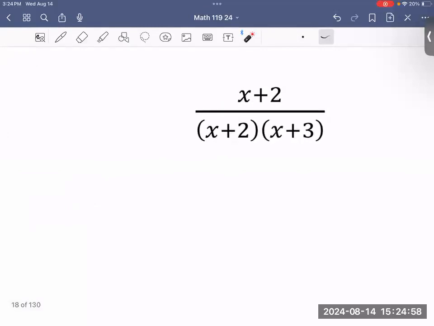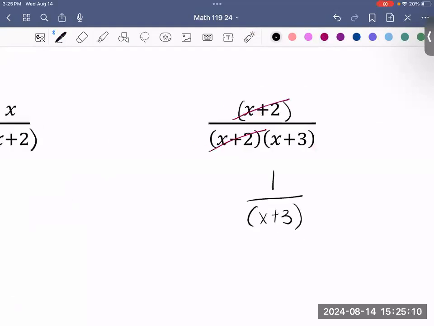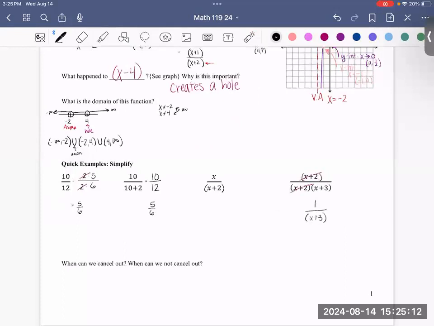And of course, your last one, we finally do have a situation where they are the exact same, and we can go ahead and cancel. A 1 is in its place, and we have x plus 3. So when can we cancel out and when can we not cancel out? Pretty much just be cautious. I can't spell today, cautious.